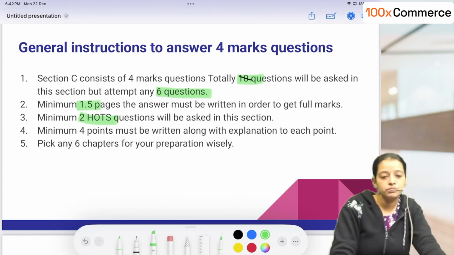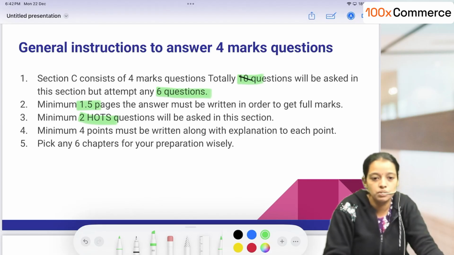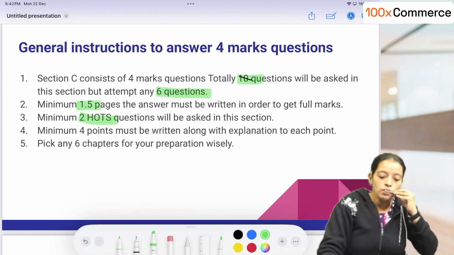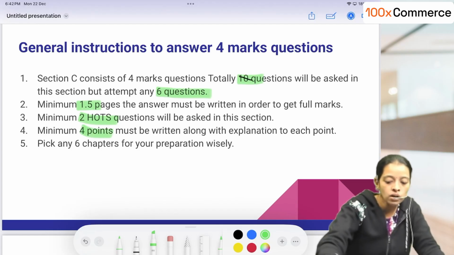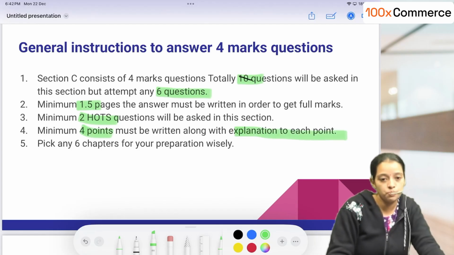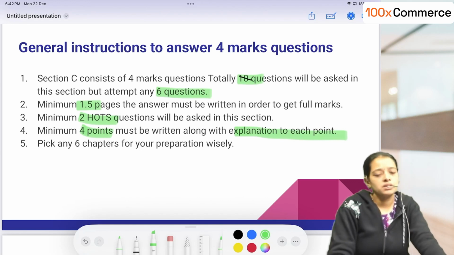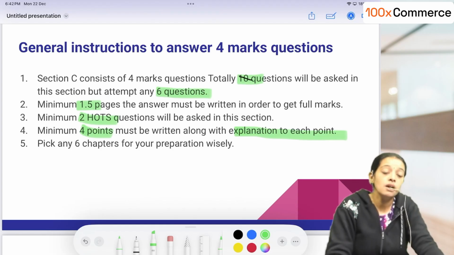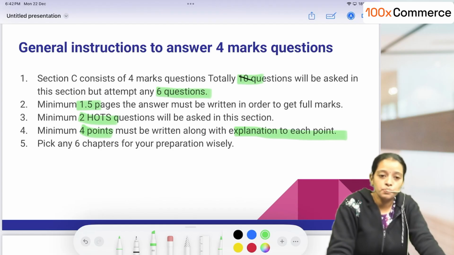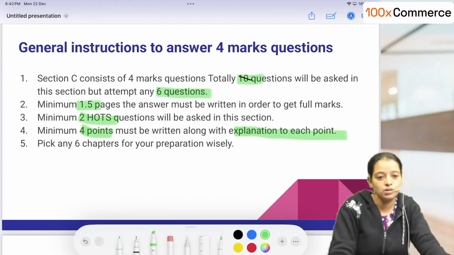Minimum you have to write 4 points along with explanation of each point. No need to write introduction and conclusion, that is not compulsory for a 4-marker question, but minimum 4 points along with proper explanation should be written in order to get 4 out of 4.